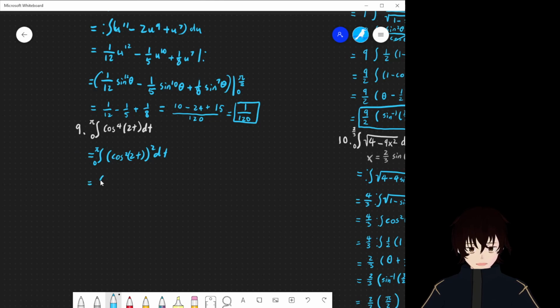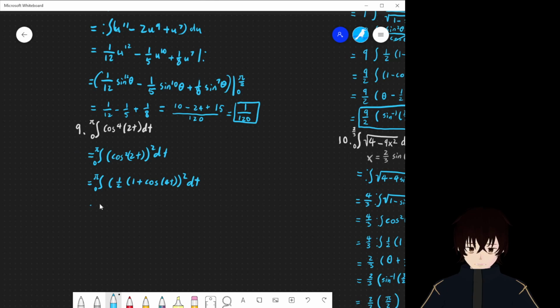So that would be the integral from 0 to pi of 1/2 of 1 plus cosine 4t squared dt. This is right? This should be positive. I think it should be positive. I believe it's positive. Keep doubting myself.